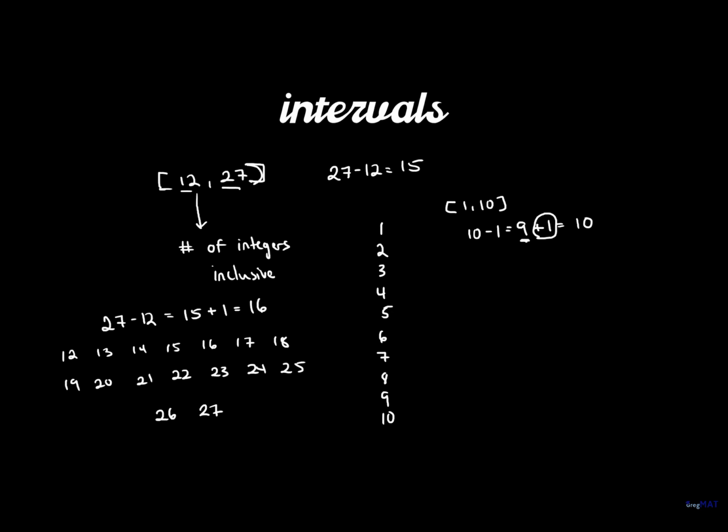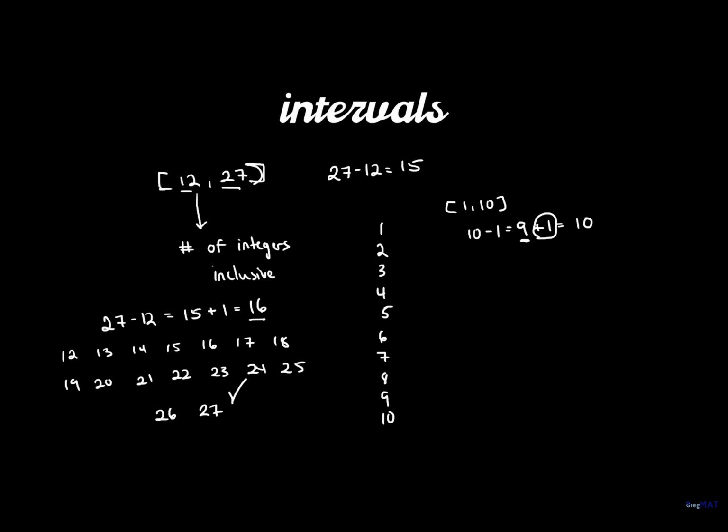Now, if I'm correct, there should be 16 numbers here. If there's not 16 numbers here, then I did something fundamentally wrong, right? 1, 2, 3, 4, 5, 6, 7, 8, 9, 10, 11, 12, 13, 14, 15, 16. Okay, everything checks out. Very good.